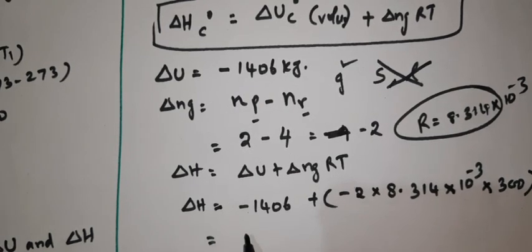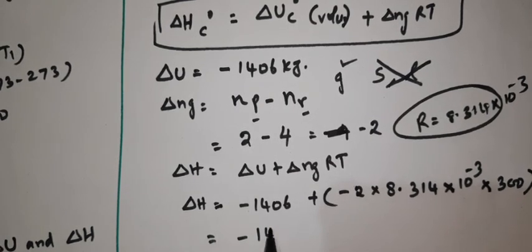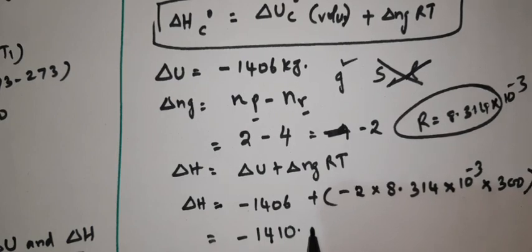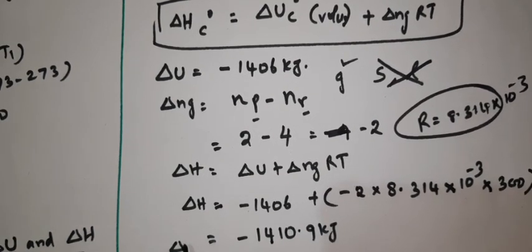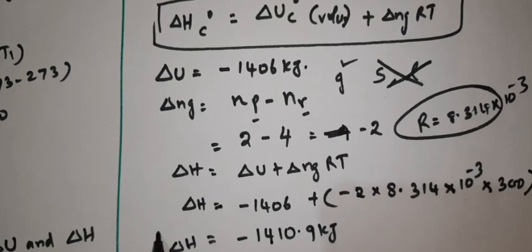Finally we will get the answer, minus 410.9 kilojoules. Use a calculator or work it out in your logbook and you will get the answer.